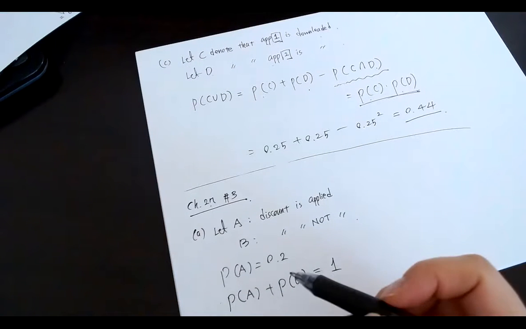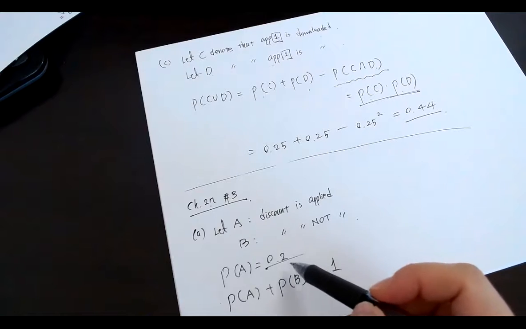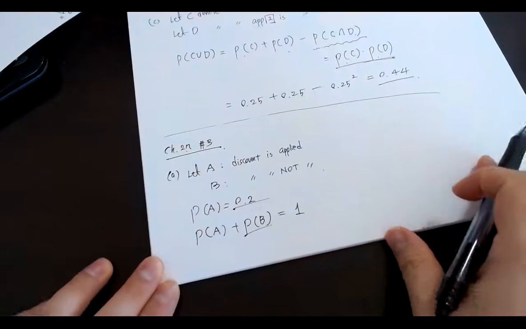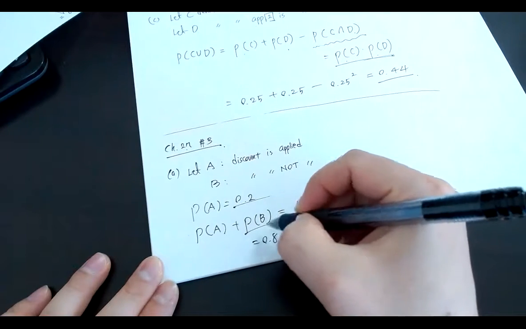We know that P of A is 0.2, so P of B is going to be 0.8.